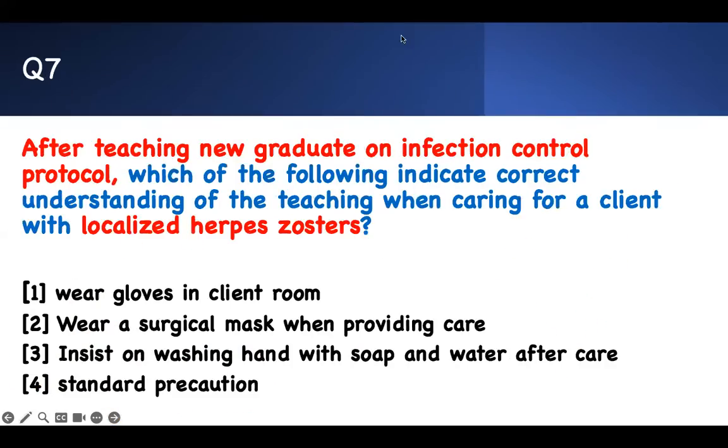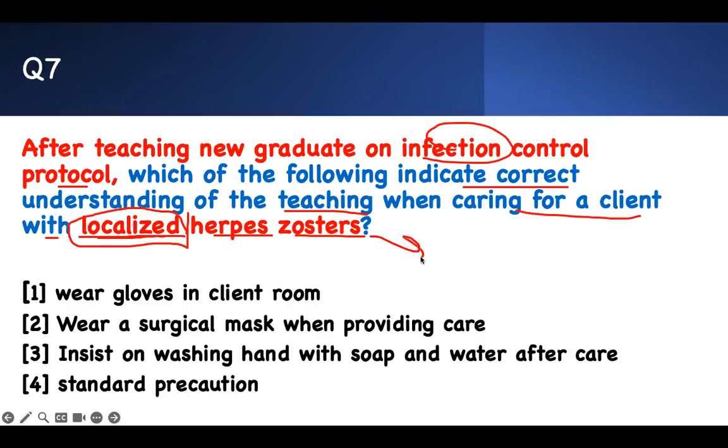Number 7. After teaching a new graduate on infection control protocol, which of the following indicate correct understanding of the teaching when caring for a client with what? Localized herpes zoster. There's a reason why I put localized, because you have to pay attention. This is a trap question.